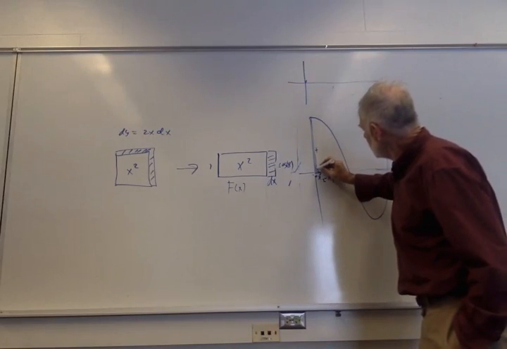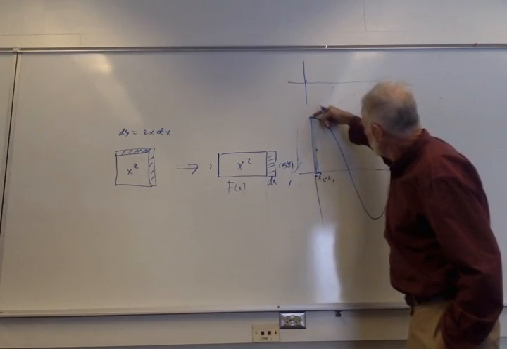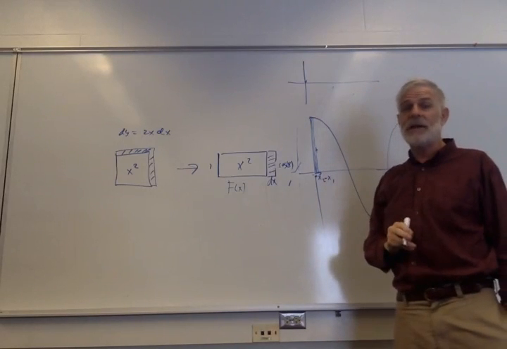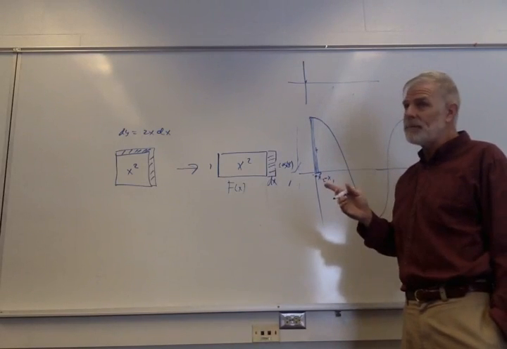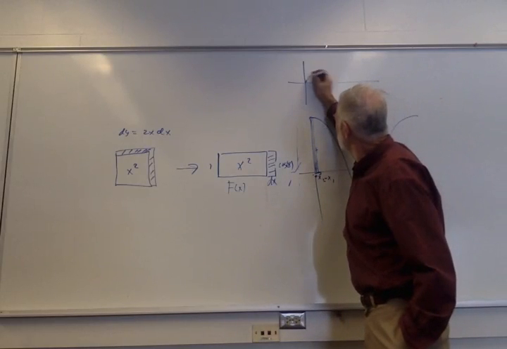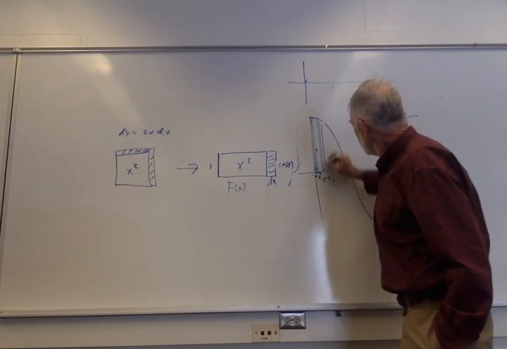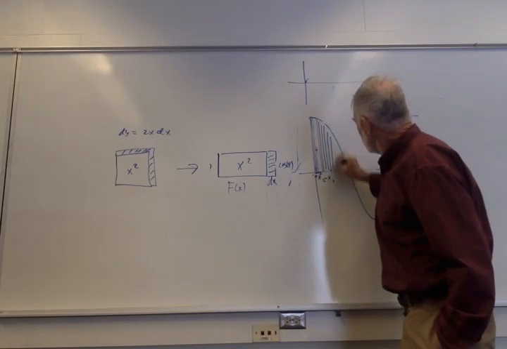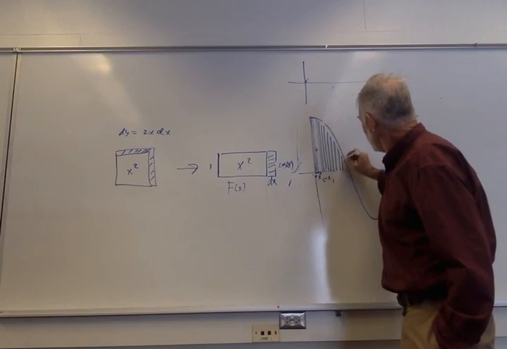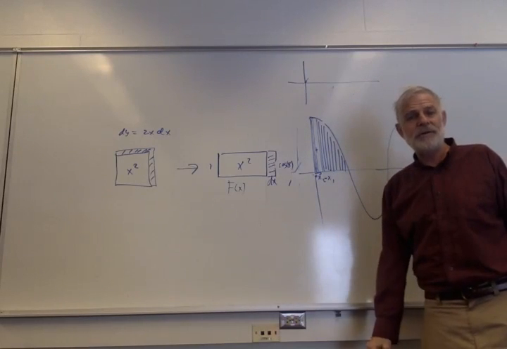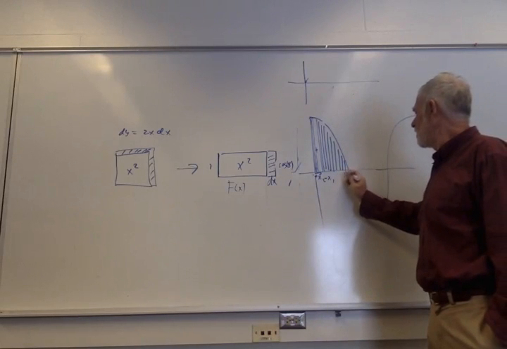And then the next rectangle, because the curve is coming down, is actually slightly less than the first one. So I'm still going up, just not quite as much. And each time I do this, I accumulate positive area in a decreasing way until I get to pi over 2.